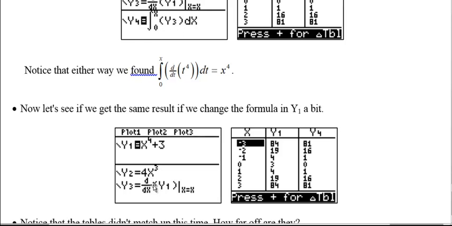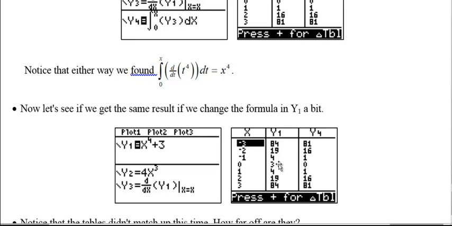The y3 is the numerical derivative, so I did it that way. So now I'm not really using y2. I could get rid of it if I wanted to. And notice that y1 and y4, wait a minute, they're not quite the same this time, are they? Well, how far off are we? Let's look.